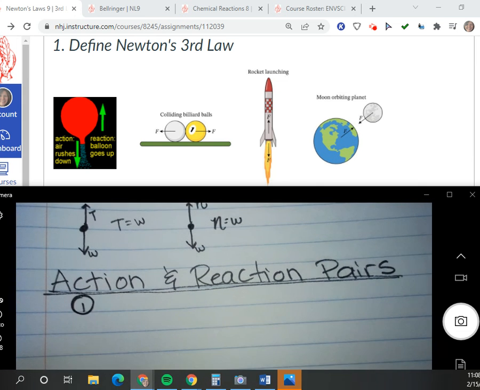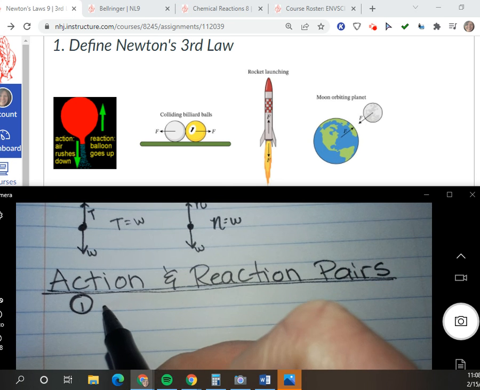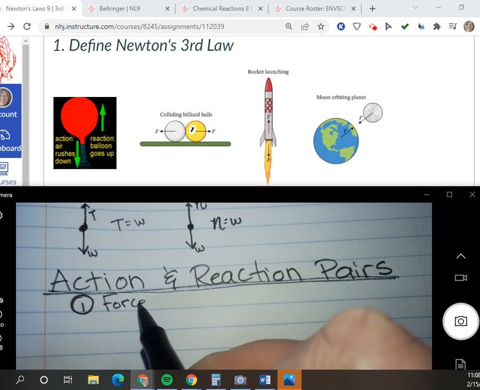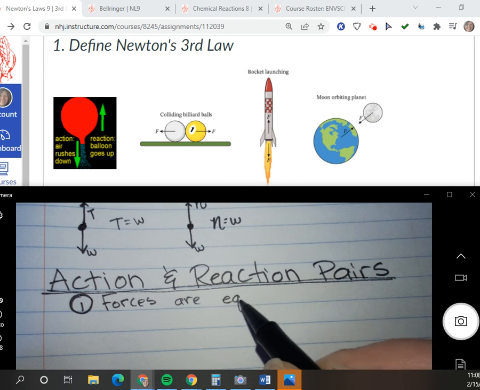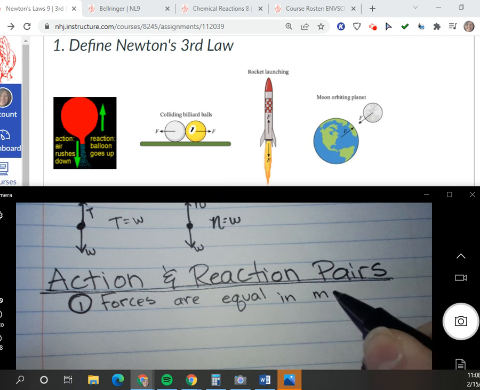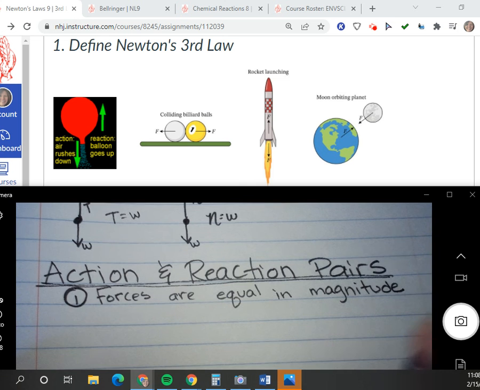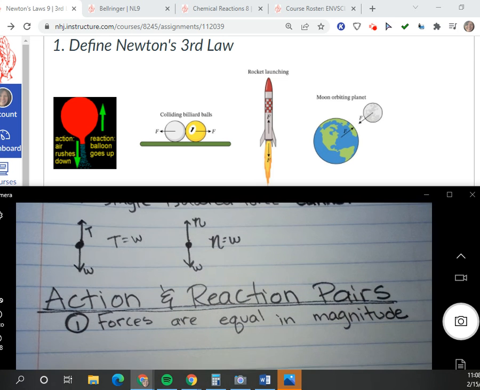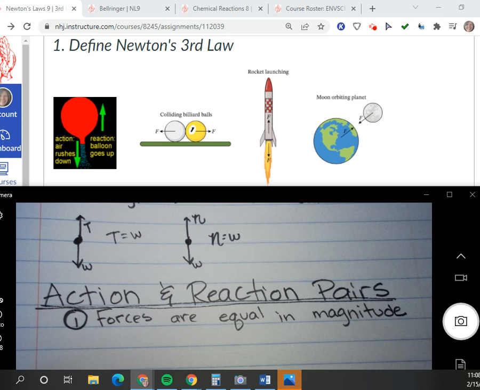The first one, the forces are equal in magnitude. So just like we saw with tension and weight and normal force and weight, they are equal in magnitude.